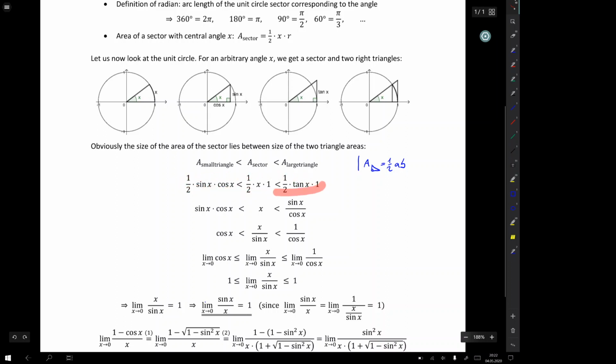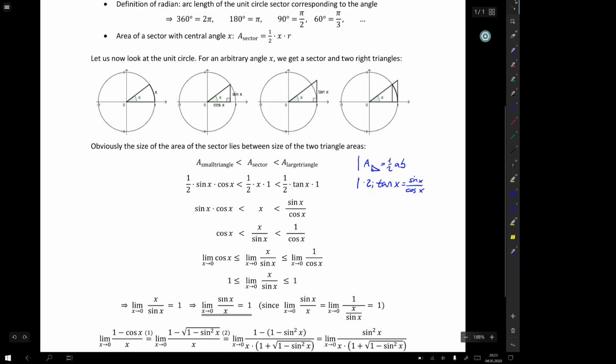Now try on your own to understand step by step what is happening, how we proceed. And here come now the solutions, also step by step. The first transformation: we just multiply by 2, and we replace the tangent of x by sine of x divided by cosine of x.